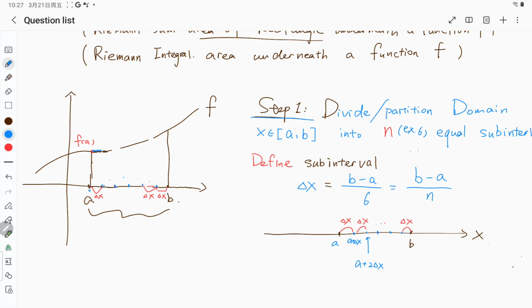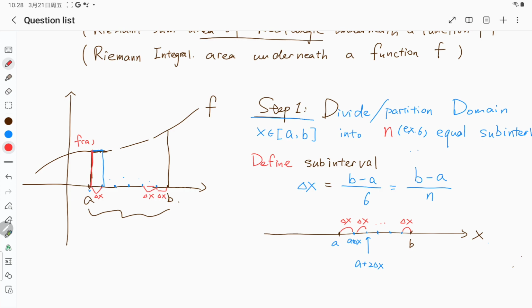The first rectangle has base length delta x, the side at the bottom, and the height is f(a), which is exactly the function value f at point a.